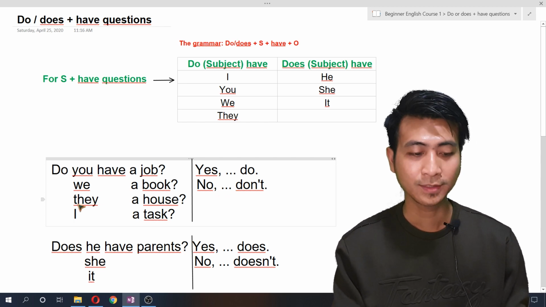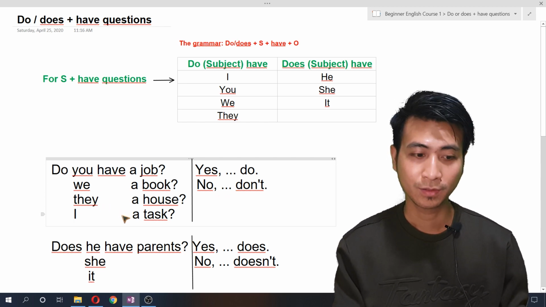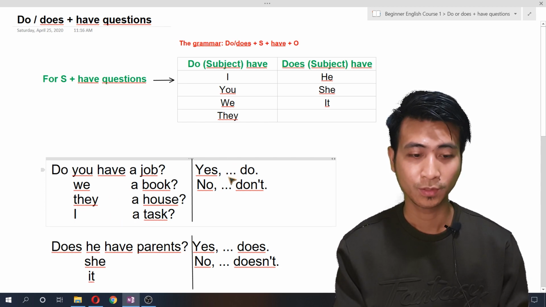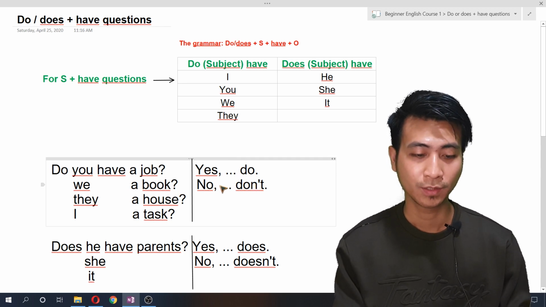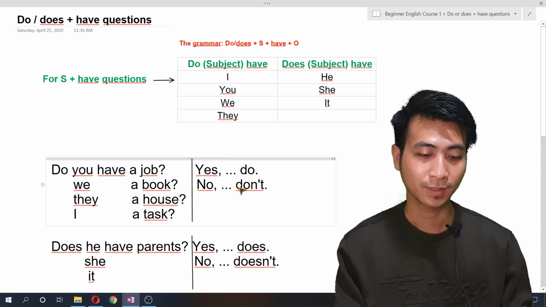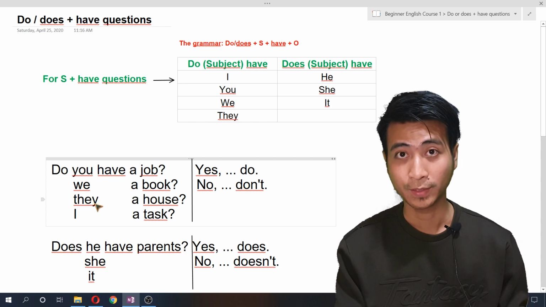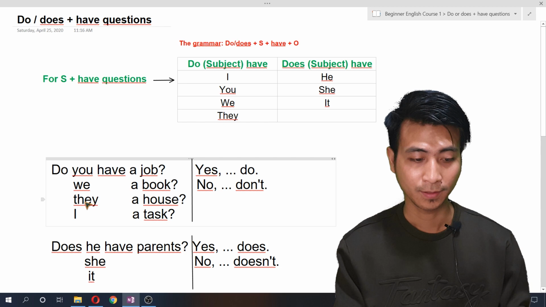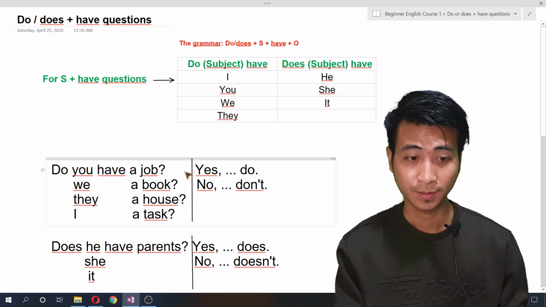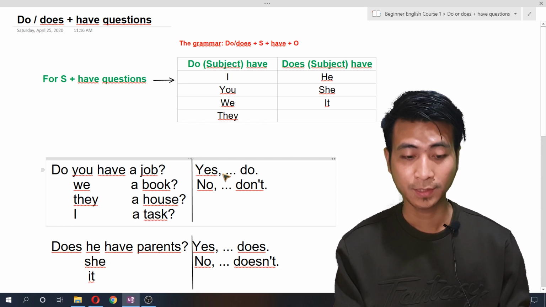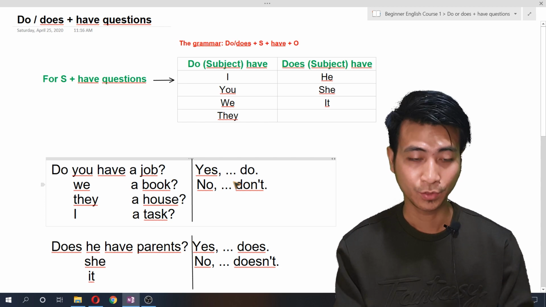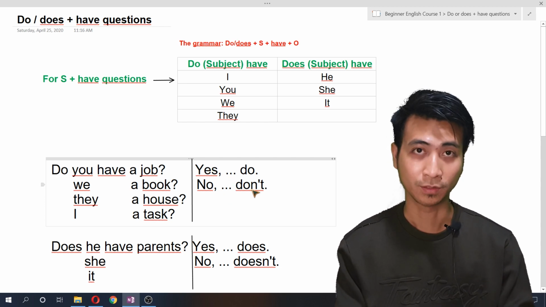Okay, next, do they have a house? You can answer yes they do or no they don't. We always use the subject again, the same as in the interrogative sentence before. They in the question, and we answer yes they do, no they don't.